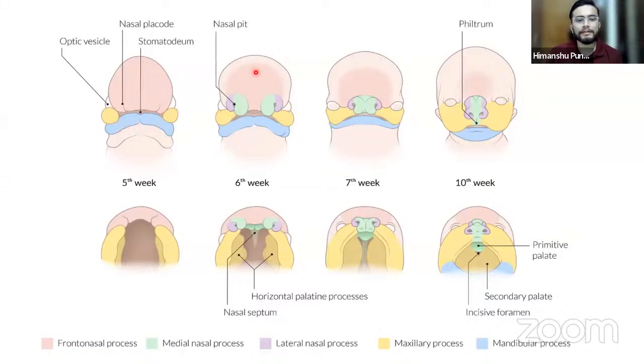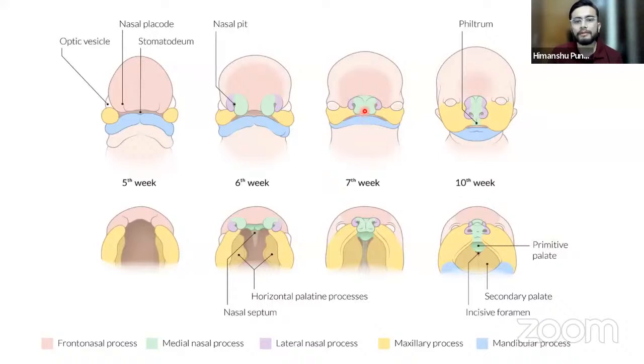Then at around 6 weeks, the frontonasal process gives rise to a medial nasal process and a lateral nasal process. Then there is growth of the medial nasal process as well as the lateral nasal process. The medial nasal processes fuse to form the philtrum of the nose and the upper and center part of the upper lip. And the lateral nasal process forms the ala of the nose.